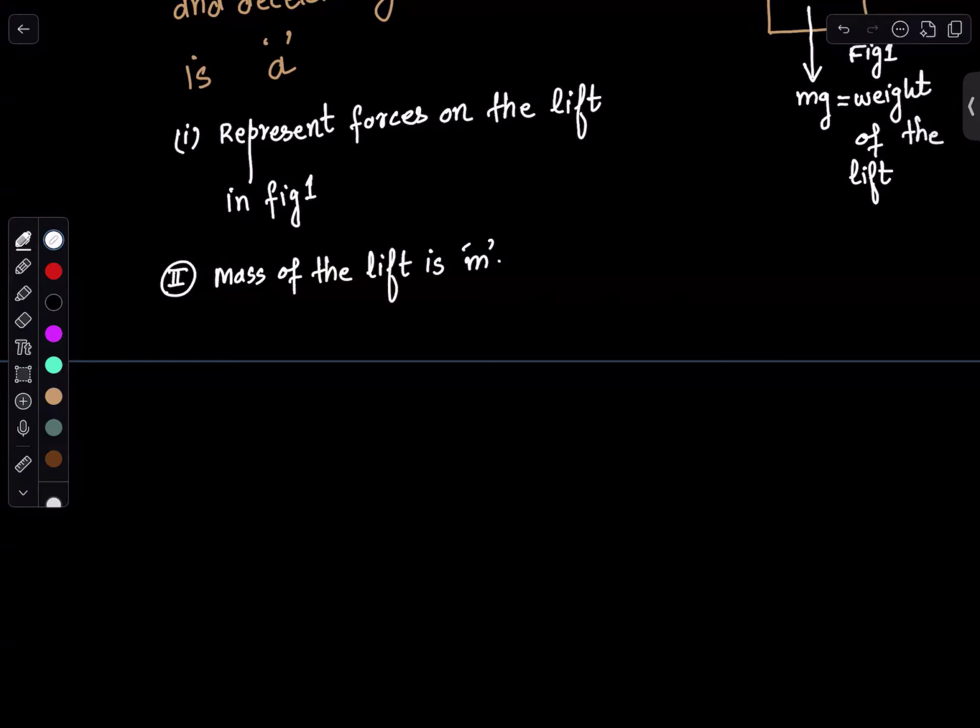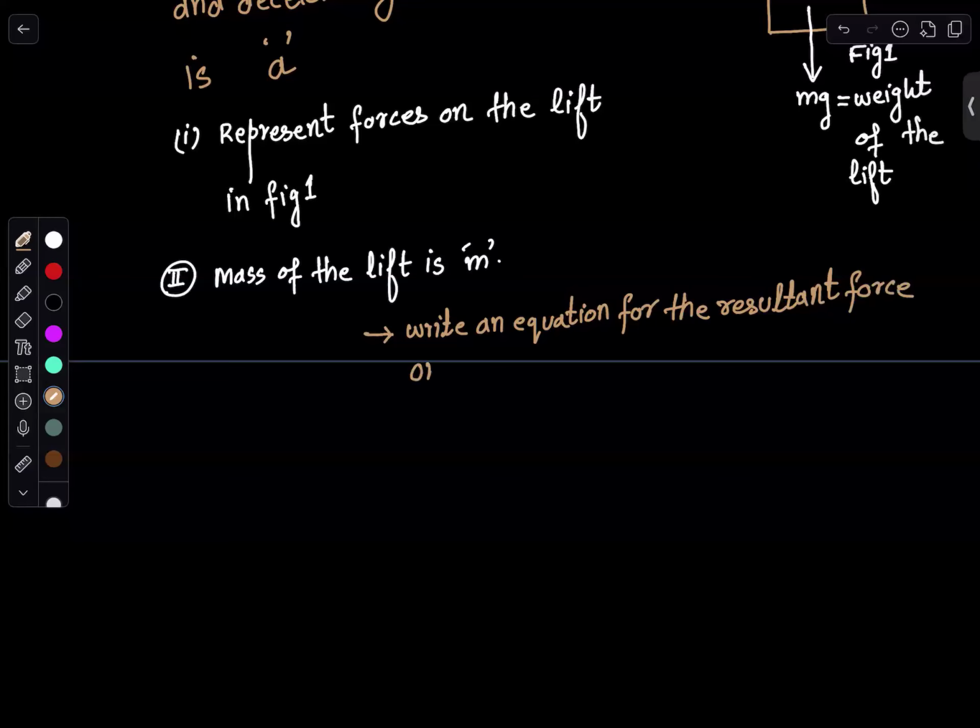The first thing you do is write an equation for the resultant force on the lift. So what will be the equation of the resultant force on the lift?